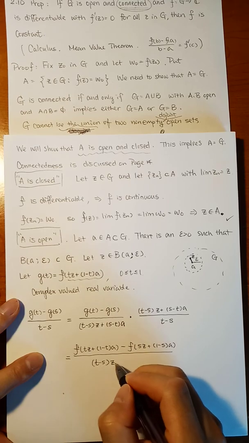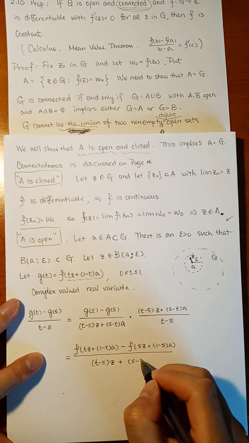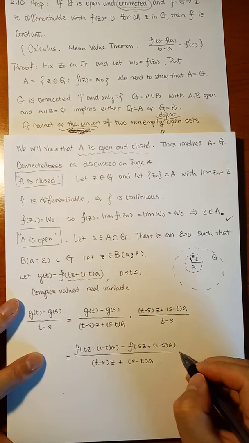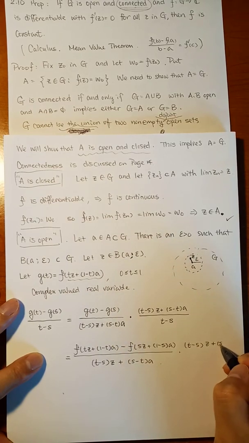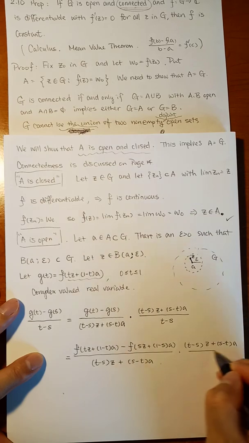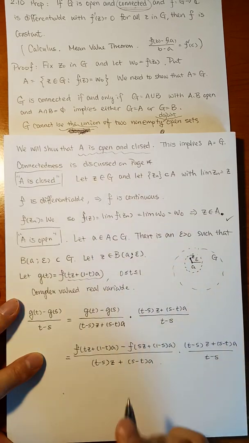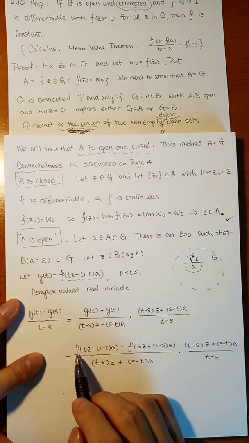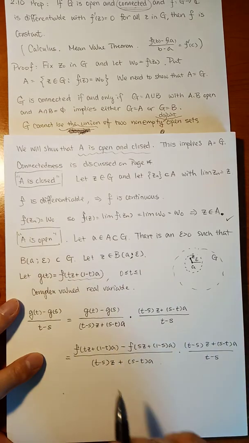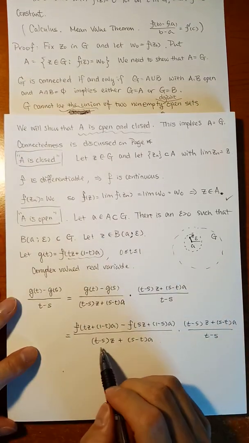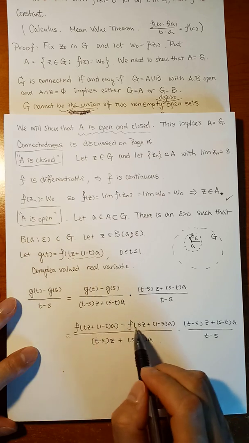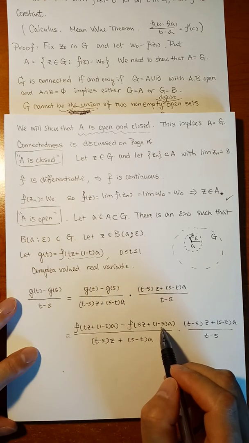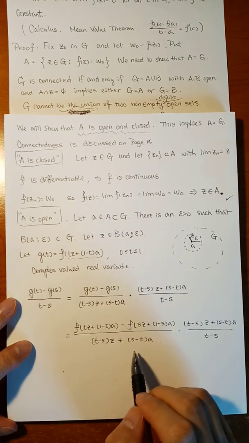So basically, we just try the chain rule. This is the external function, the inside is the internal function. This is the chain rule. And this denominator is actually the difference between tz plus (1 minus t)a and sz plus (1 minus s)a. That's a difference.